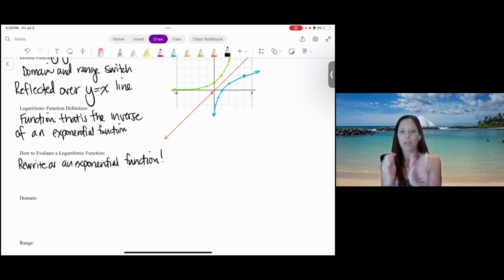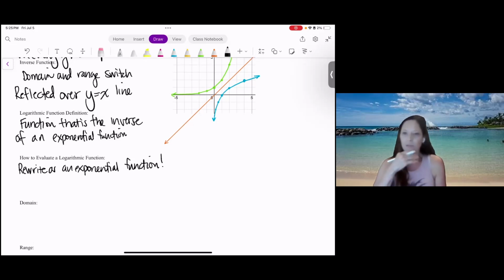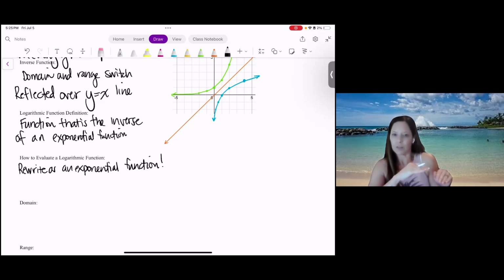Notice the domain. If we look at the green graph and the blue graph, let's imagine the exponential function and think about what the domain and the range were of that function. And the fact that the range and the domain switch is going to help us determine the domain and the range of the logarithmic function. If we look at the blue graph, we notice that it's getting larger and larger without bound, but it's going towards negative infinity as it approaches the y-axis.